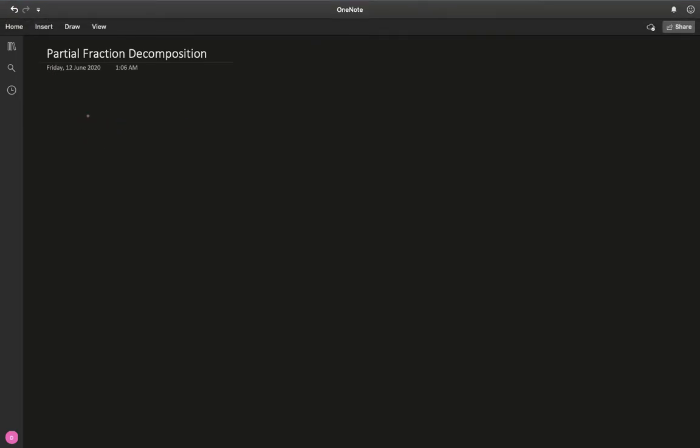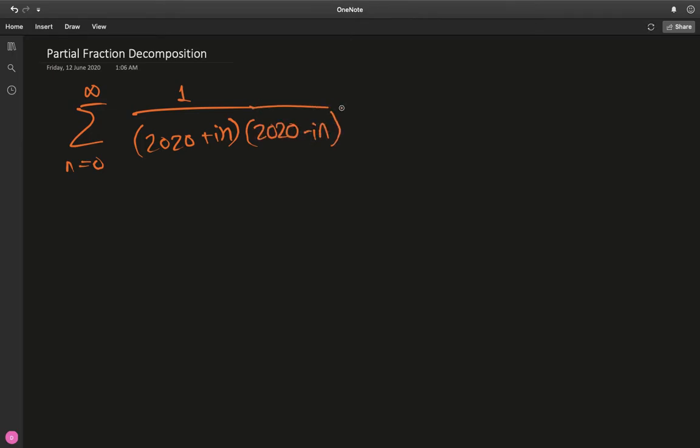Okay, so we basically have the sum from n equals 0 to infinity of 1 over (2020 plus in) times (2020 minus in). So forget the sum for now. Let's split this up into the sum of two different fractions.